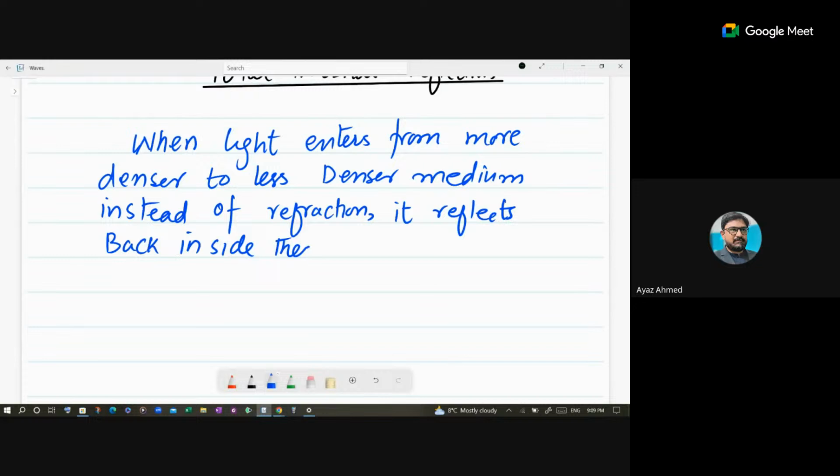It is a bit of a detailed definition. Inside the denser medium, that is called total internal reflection.